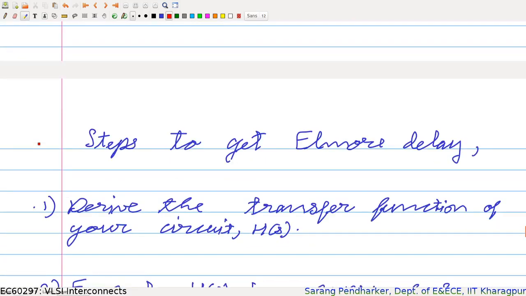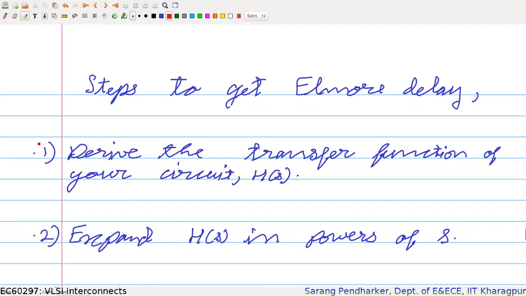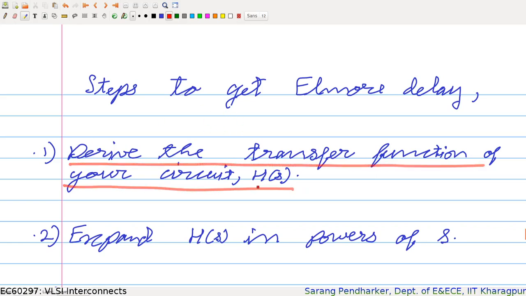So what are the steps involved in estimating the Elmore delay? First, we derive the transfer function of the circuit. So if there is a circuit, we first get the h of s.